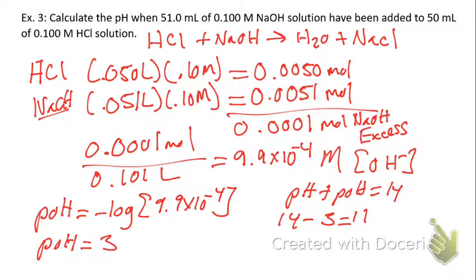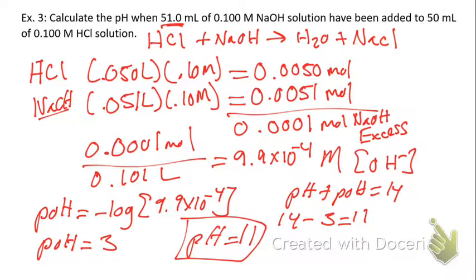So it tells us that by just overshooting the base by 1 milliliter, it drove our pH from 7 to a pH of 11. So remember, we would think that if we had equal amounts of acid and base at the equivalence point, the pH should be 7.